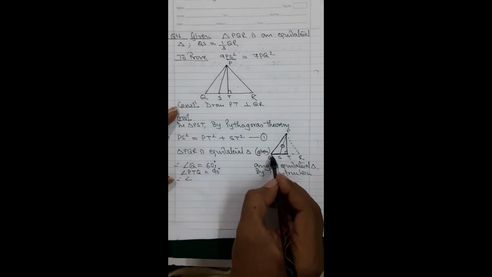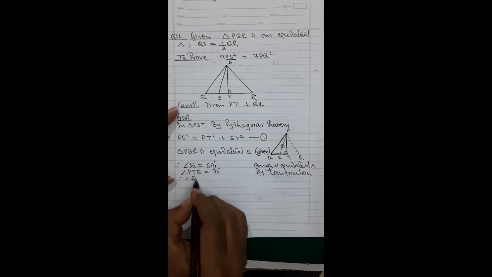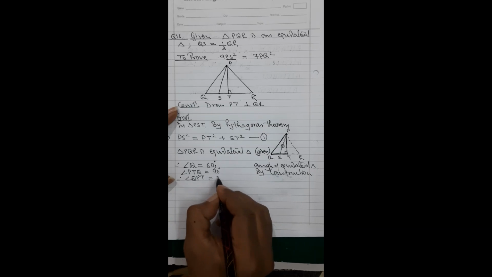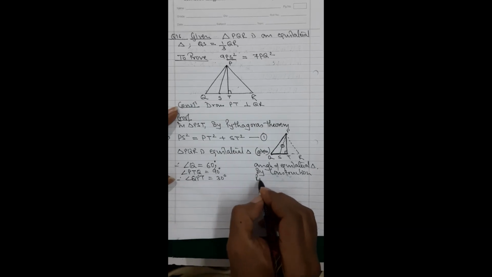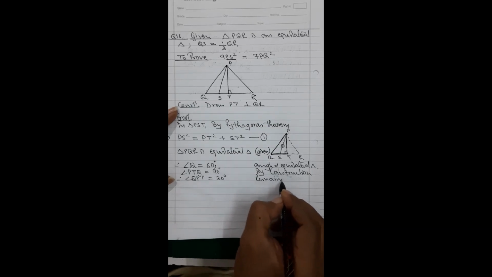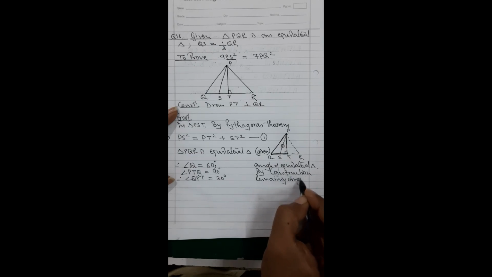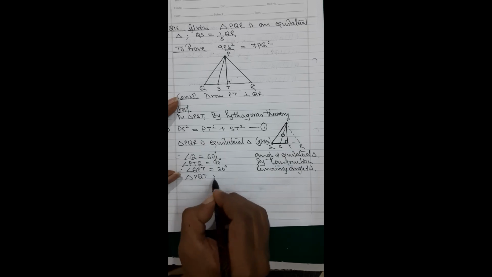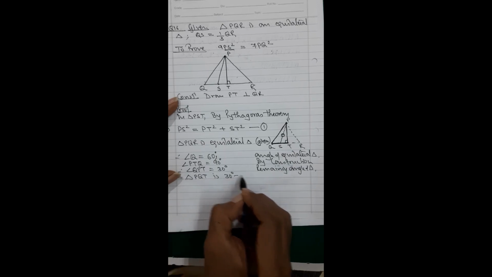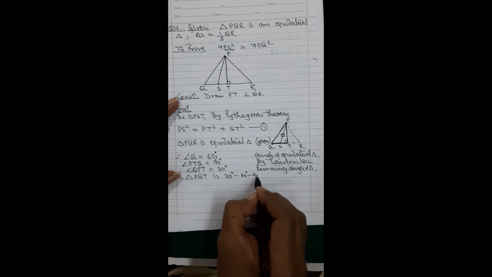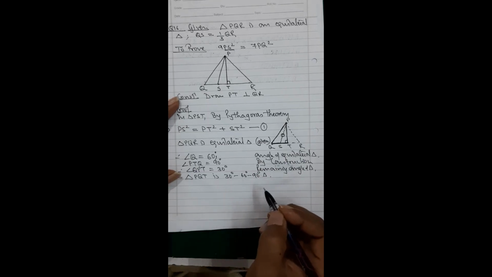Therefore, angle QPT is equal to 30 degrees because of the remaining angle of the triangle. Therefore, you will get triangle PQT is a 30, 60, 90 degree triangle.